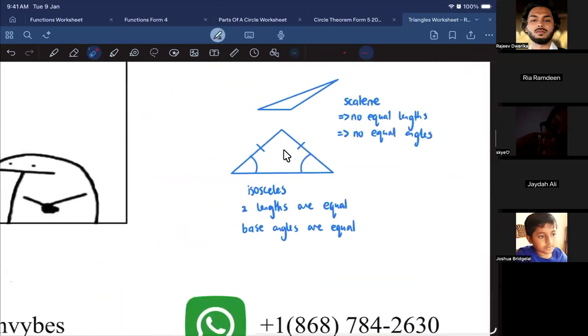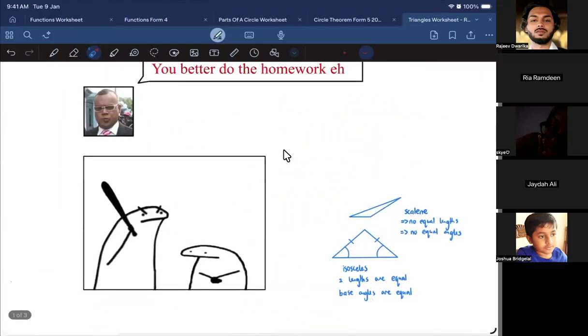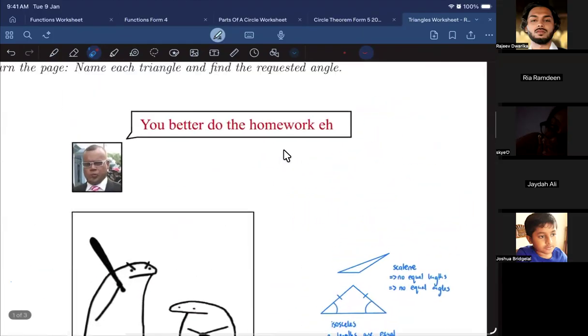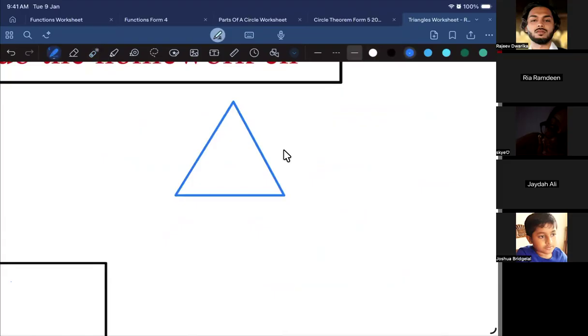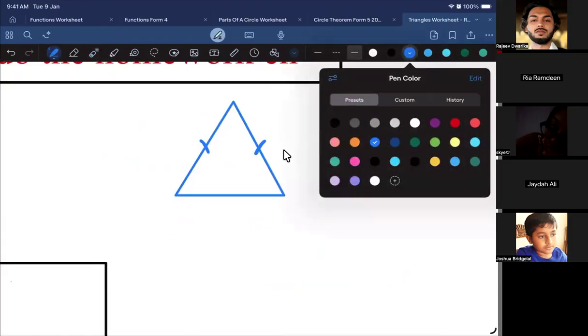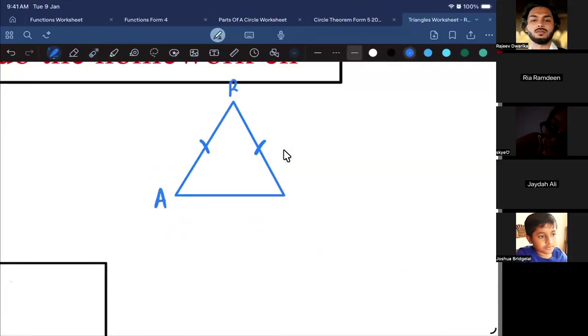Right, so let me just try to confuse you guys, intentionally. If I say that these two lengths are equal, what two angles will be equal? Let me call this A, B, and C. If I say that this side and this side are equal, then A and C will be equal, right?